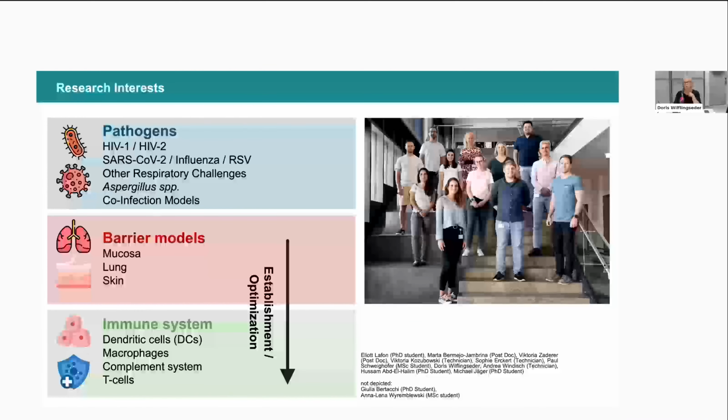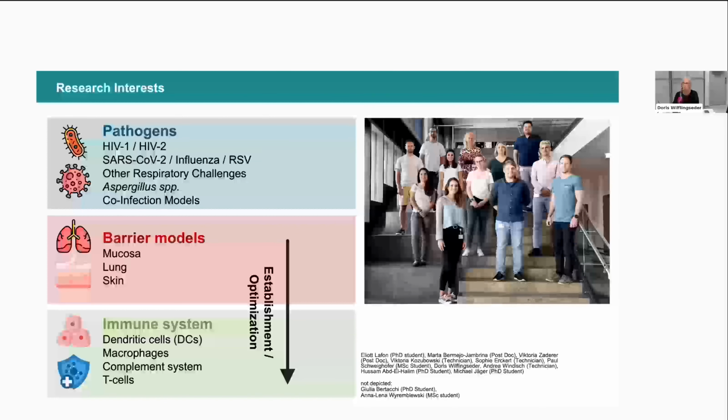Since these are all human pathogens, we were thinking to really optimize and standardize human barrier models of mucosa, lung, and skin, and equip those with components of the immune system which are relevant at barrier sites. For example, dendritic cells, macrophages.